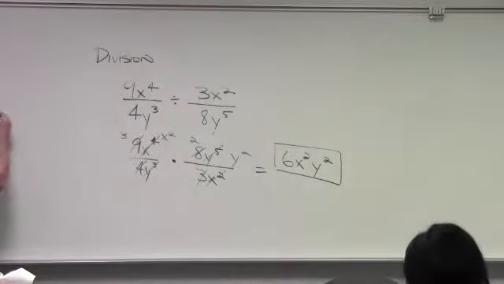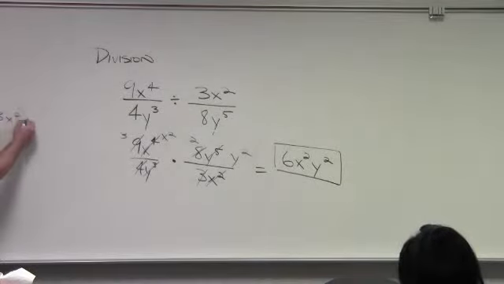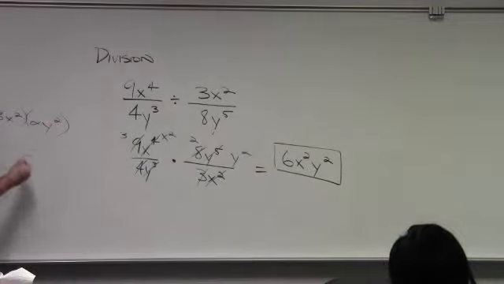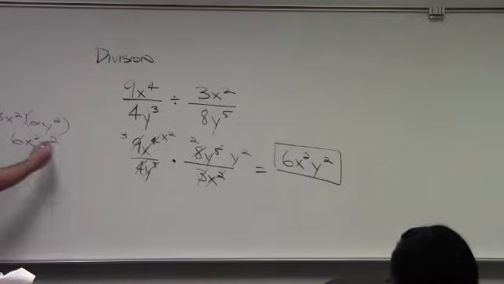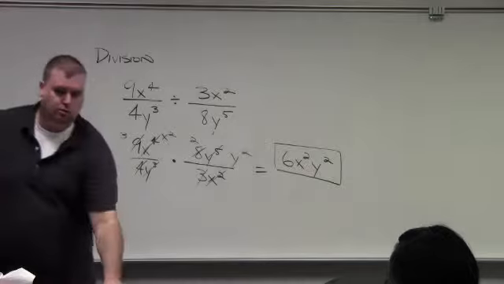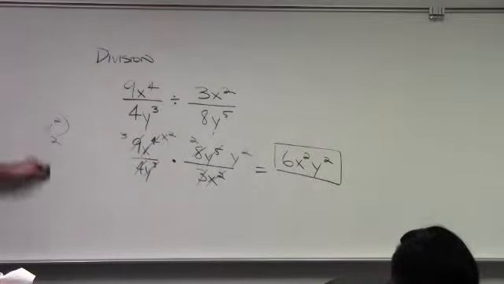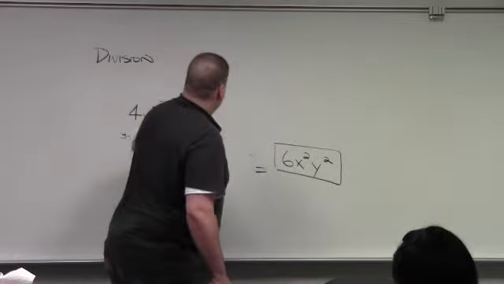So you can actually multiply anything together. I have 3x squared times 2y squared. That's still going to give me 6x squared y squared. You're only interested in like terms when you're adding and subtracting. All right, so let's move to the next one.